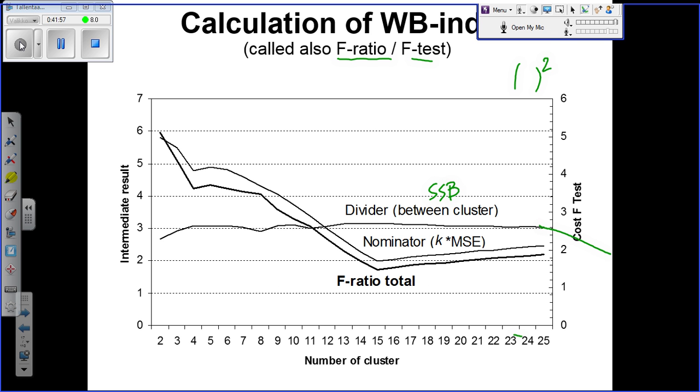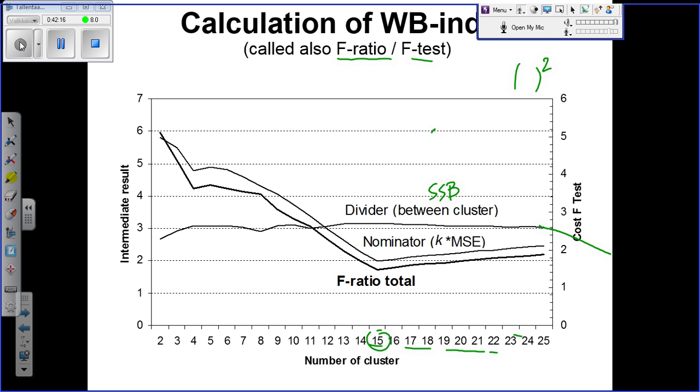But intuitively, that's what you want to do: maximize the between cluster variance and minimize the within cluster variance. So there are two terms that you want to handle. But with this scale, because we have 15 clusters here, it doesn't change much, so it doesn't contribute.